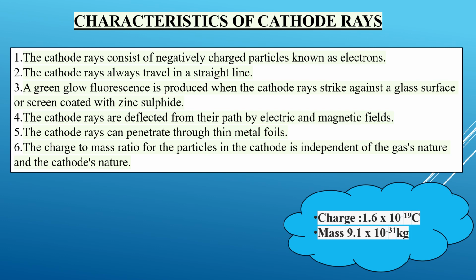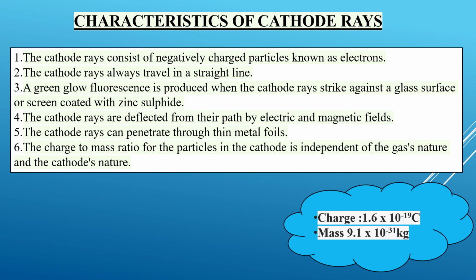The charge to mass ratio for the particles in cathode rays is fixed. It is independent of whatever gas we take, whatever anodes and cathodes we take; whenever we take the ratio of the charge and mass of the particles, it is going to be a constant number always.